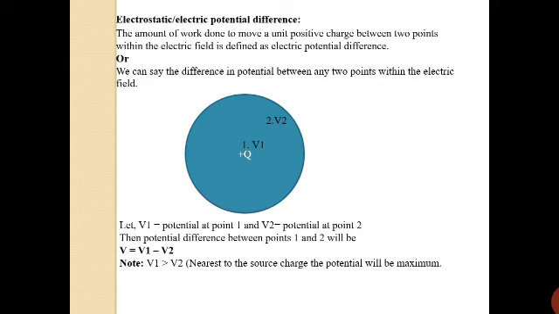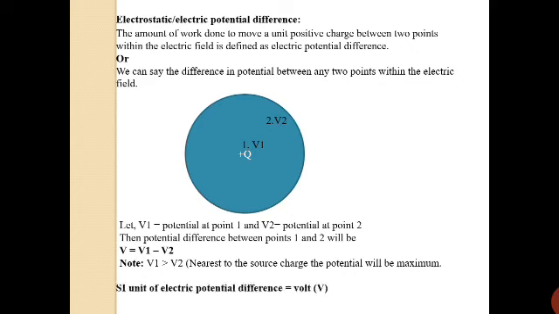So nearby the main charge, the maximum potential will be there, and if you move away from the main charge, the potential will decrease. So when we find the potential difference, we always take the one which is greater and the one which is smaller, the difference of the two. So V1 minus V2 in this case.